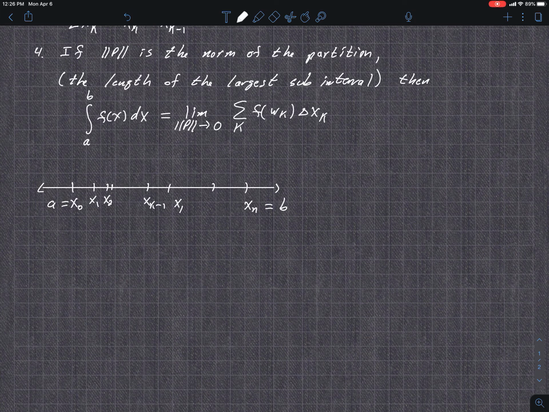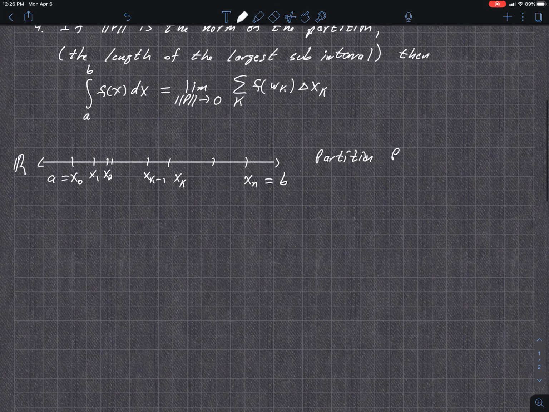So you have x1, x2, and so on, x sub k minus 1, x sub k. So that's your partition. In single variable, you're going from the real axis R and mapping to another real axis, that would be your xy plane.